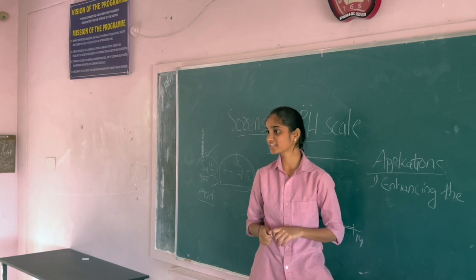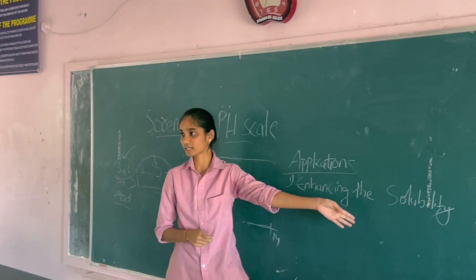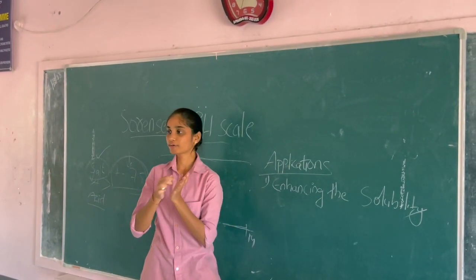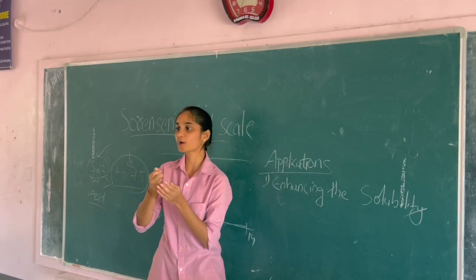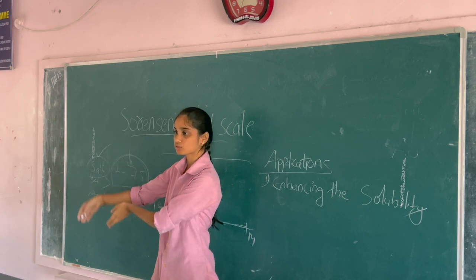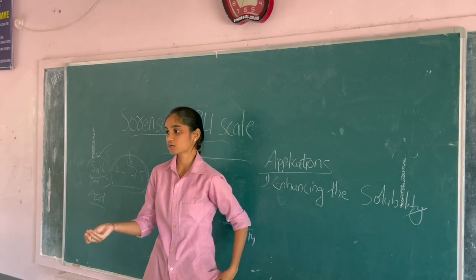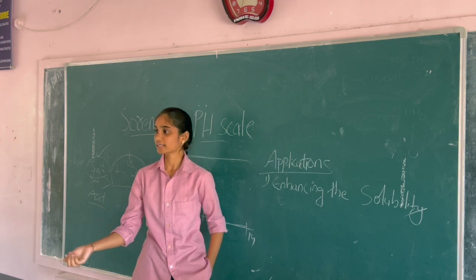Are you understanding how we can enhance the solubility of a drug by using pH? If we maintain an optimum pH, the drug is going to be more soluble. Some drugs are not soluble in water or any other solvent.